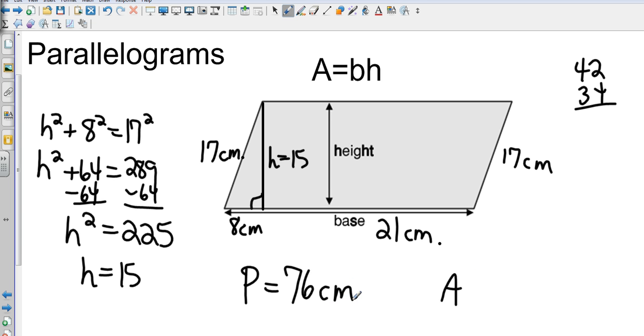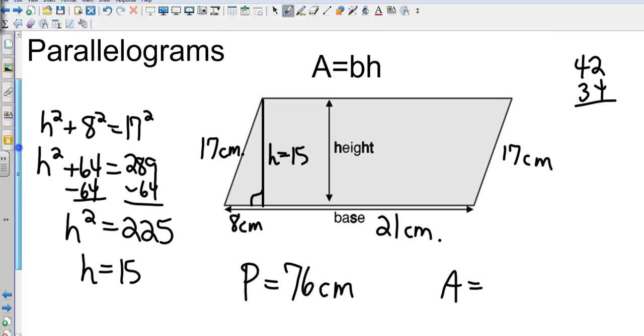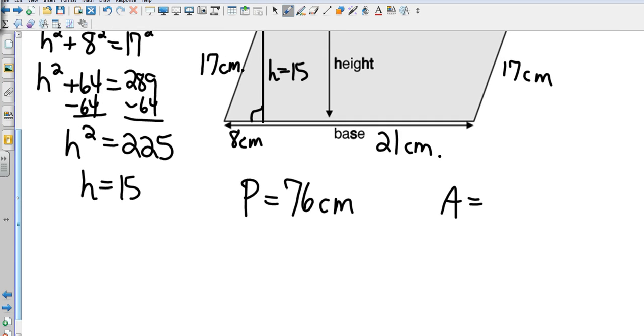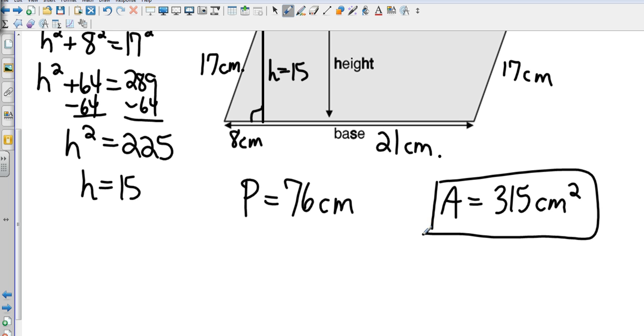And now for our area, we're just going to take our base, which is 21, times our height, which is 15. And that gives us an area of 315 centimeters squared. Okay, so area 315 centimeters squared, perimeter 76 centimeters.